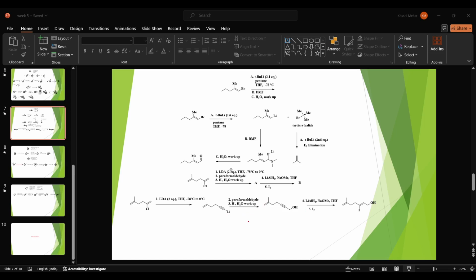And that carbanion will react with our iodine, and we will get the corresponding alkenyl halide.